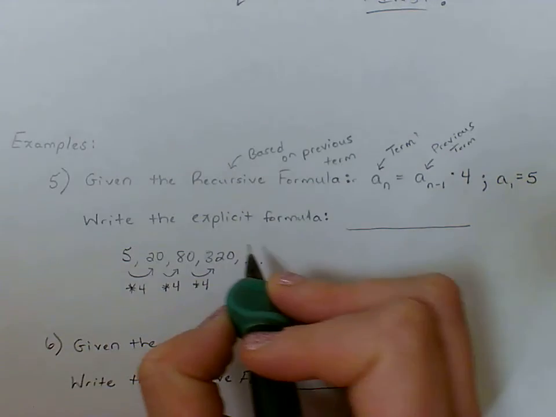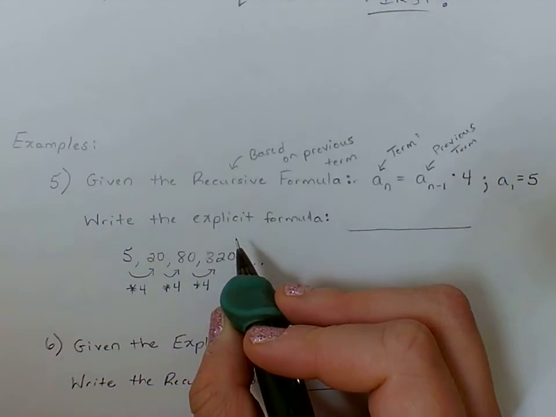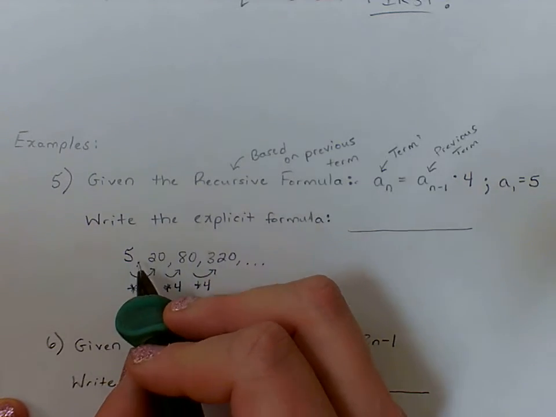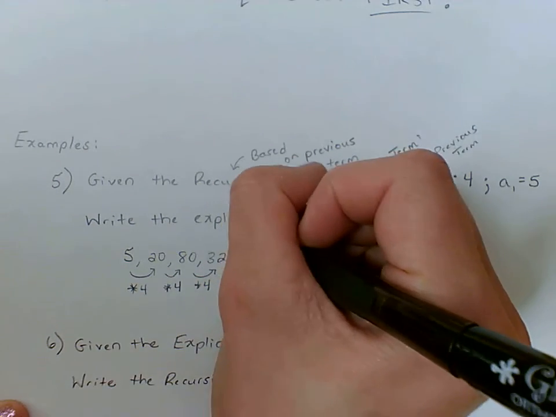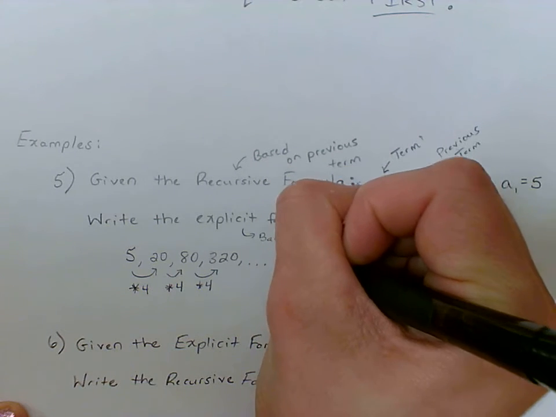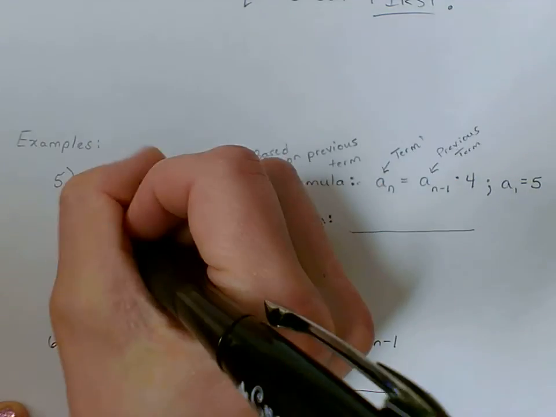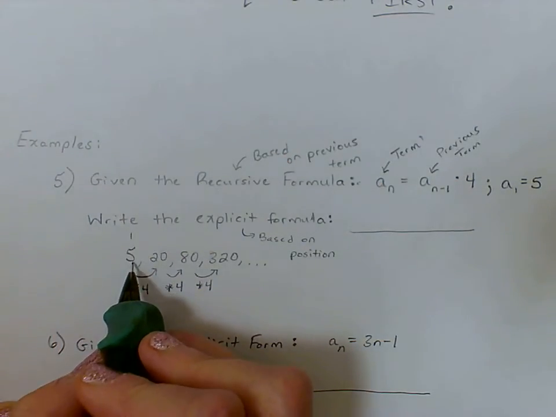Okay, so from there, you are going to look at how to write the explicit formula. That's what we talked about the other day, that there are 2 ways to think about it. Explicit formula is based on the position of the term, which is your n in the equation. So you could think to yourself, what do I do to 1 to get 5?